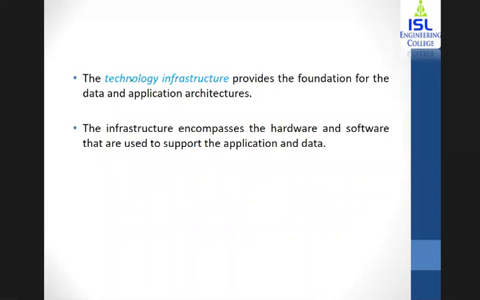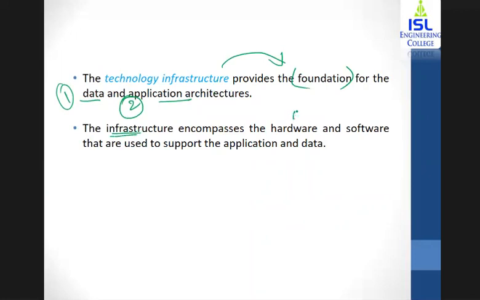The next type of architecture is the technology architecture infrastructure. This technology infrastructure is the foundation for the previous two architectures that we have studied, the data architecture and the application architecture. If you do not have this technology, then there is no use in building a data and application architecture. What is this going to have?